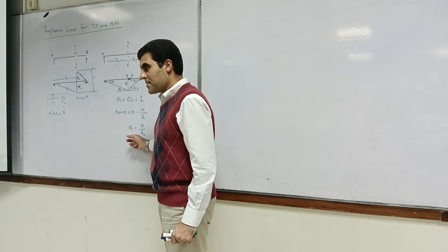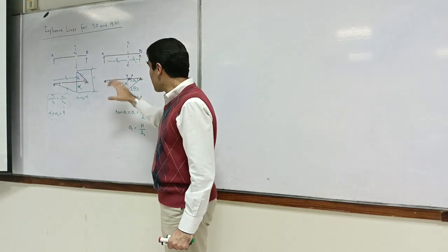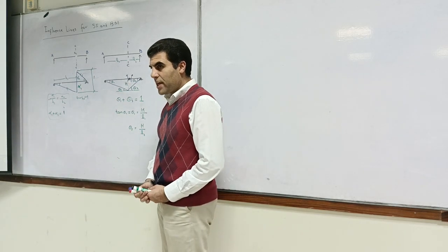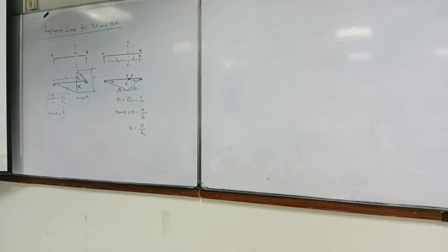And in this case, we can easily draw our influence line diagram. Is that okay? Let's solve a problem and I think it will become more clear. Sir, how much is this small h1?